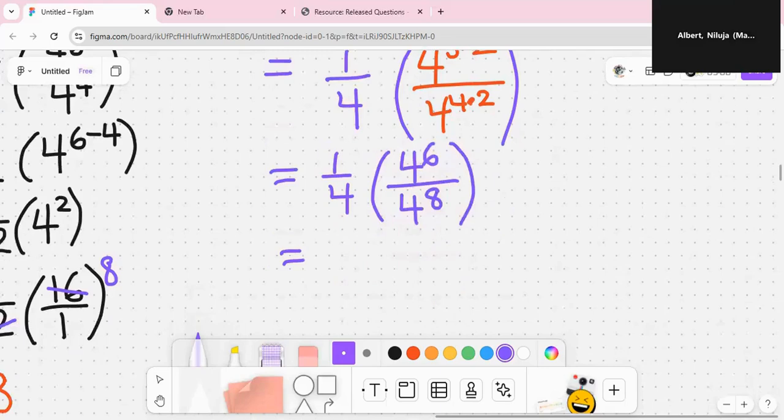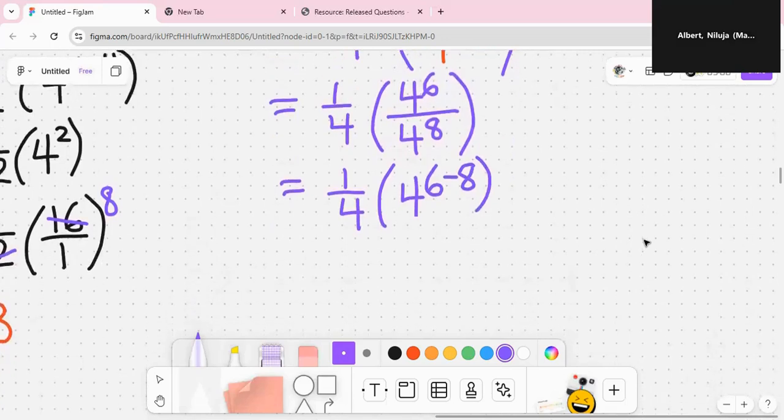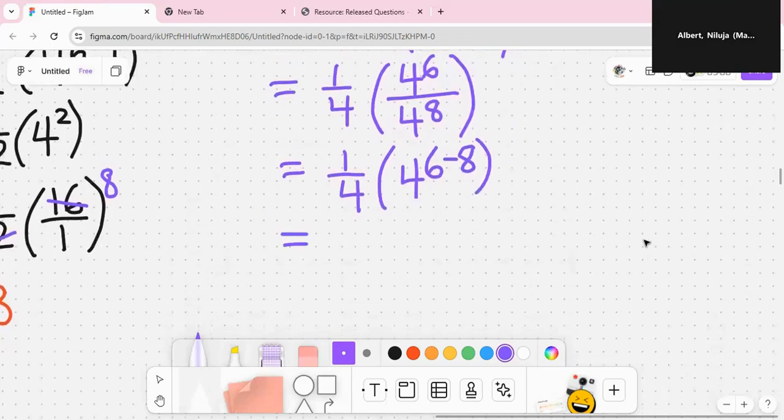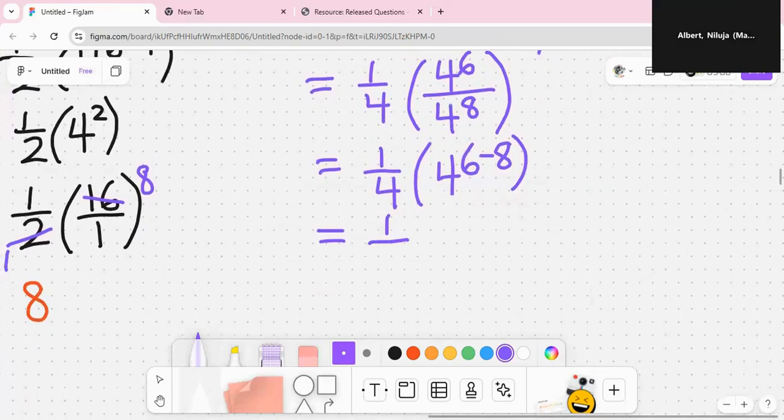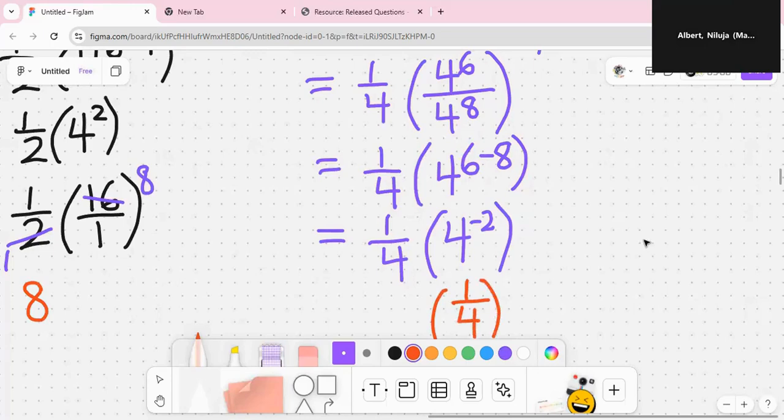So that tells me I have to keep the base the same, subtract my exponents. So 1 over 4 times 4 to the power of negative 2. Now, just like before, I have to convert that negative power by flipping the base and changing it to the power of positive 2.